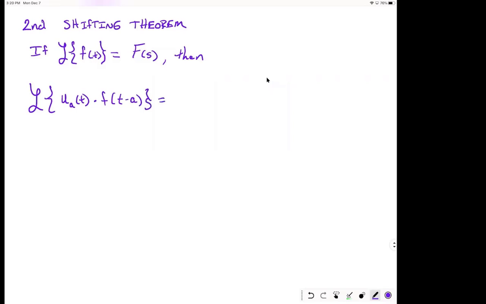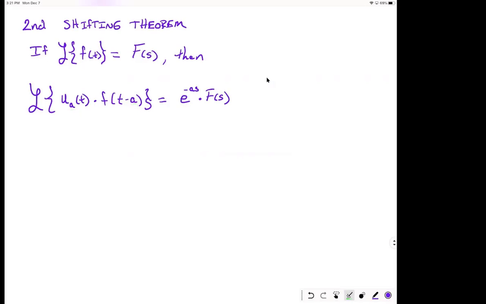So this is our Heaviside function multiplied by an f that's been shifted by the same value of a, then that's equal to e to the minus as times capital F of s. So take note, this a and this a have to be the same.